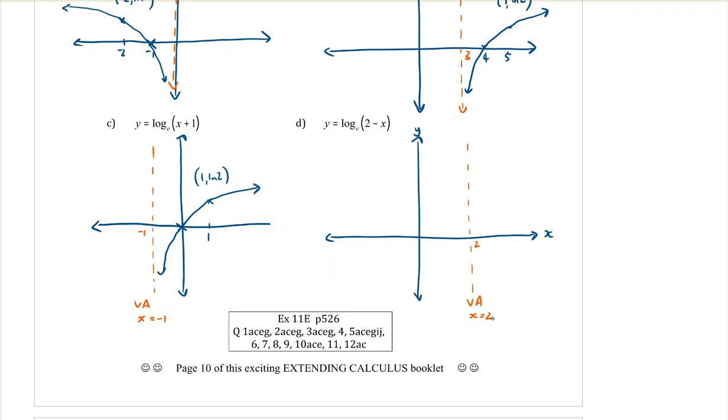Because of that negative in front of the x, like I said, we're going to the left of that asymptote. 1 space away at x equals 1 will be my intercept, and 2 spaces away will be ln of 2. So it will be 0 ln of 2. And that's it. Easy enough? We're done. So 11E.